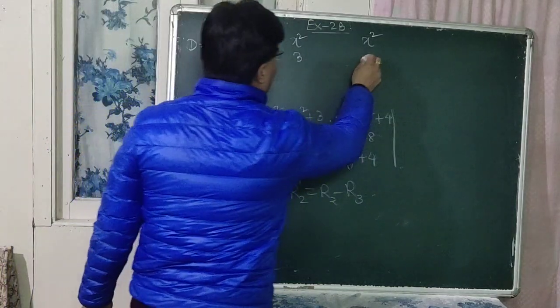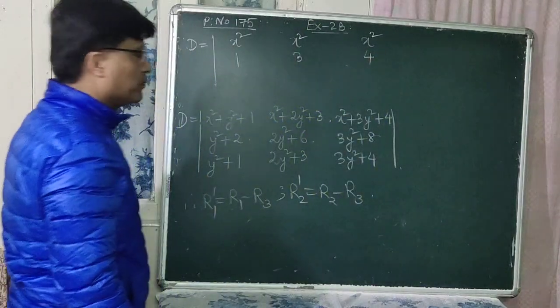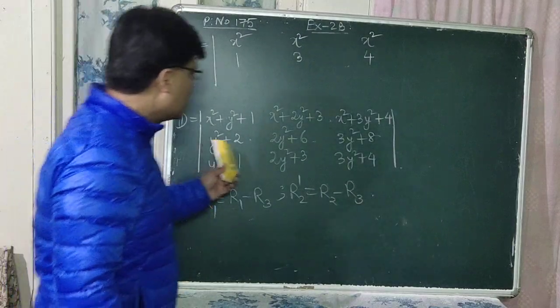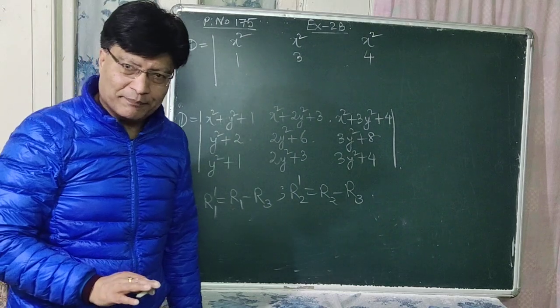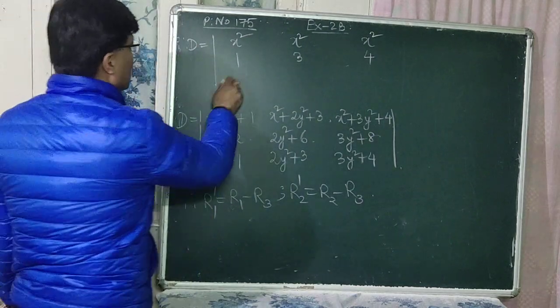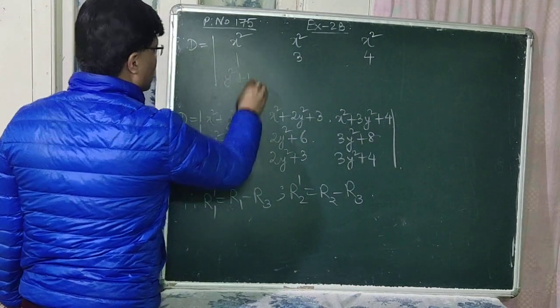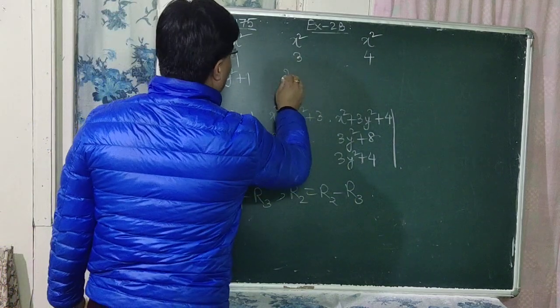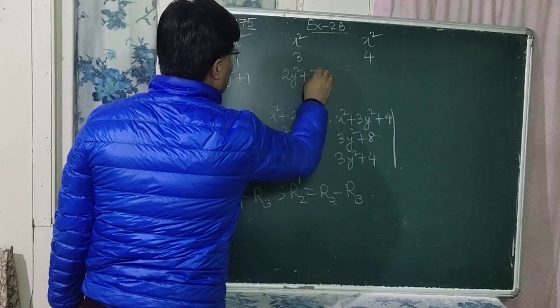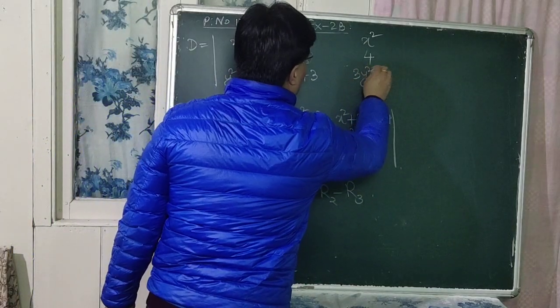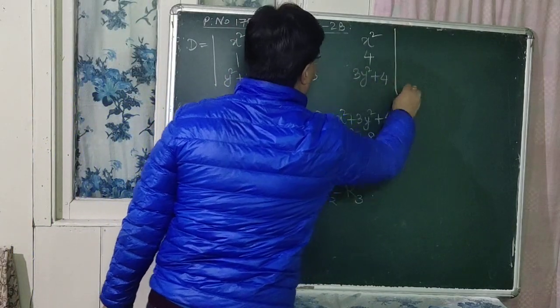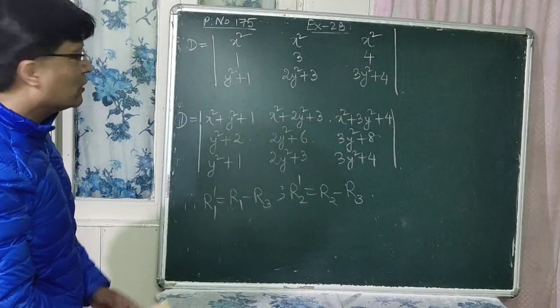So 8 minus 4 is 4. Right? So what will you do with this third row now? Third row remains same. Okay? So y square plus 1, then 2y square plus 3, then 3y square plus 4. Is that clear to all of you?